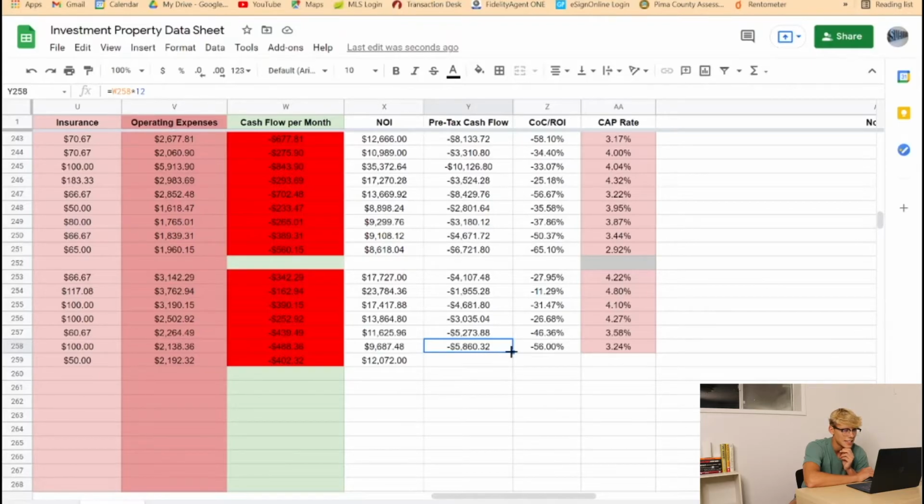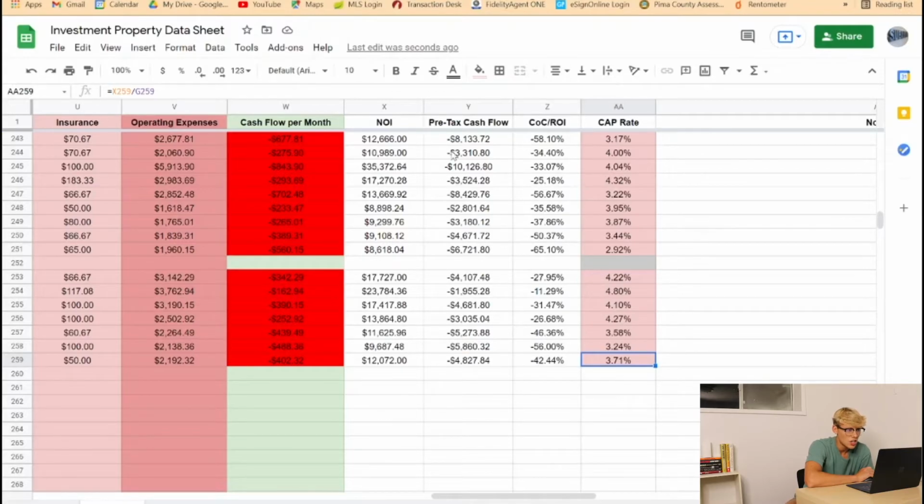Your pre-tax cash flow is just your yearly cash flow. You can see we're obviously negative because we're negative each month, so throughout the year we're going to be in the hole. Our return on investment, our cash on cash return, we're also a negative percentage, and our cap rate is at 3.71, which is pretty bad.